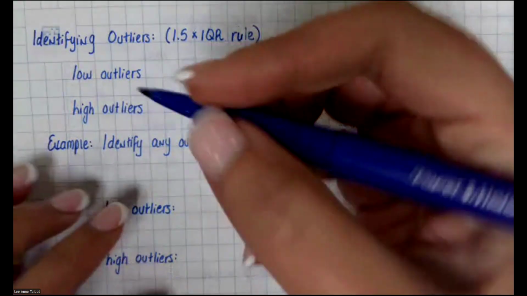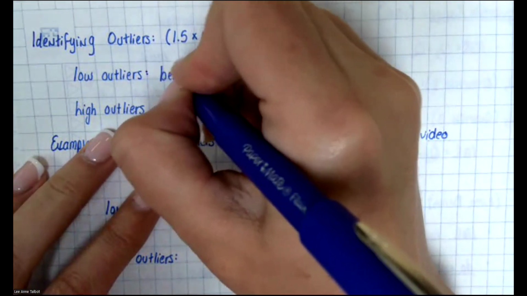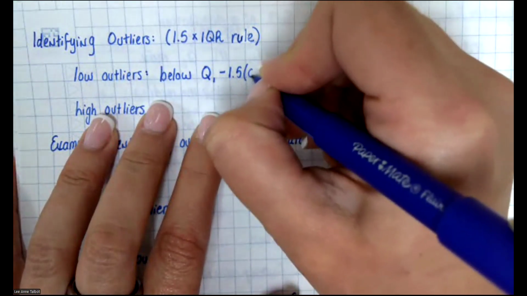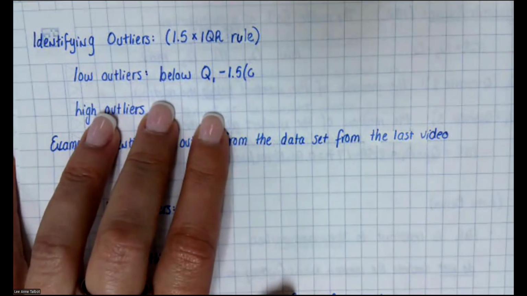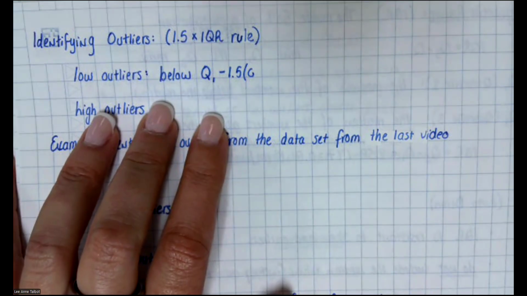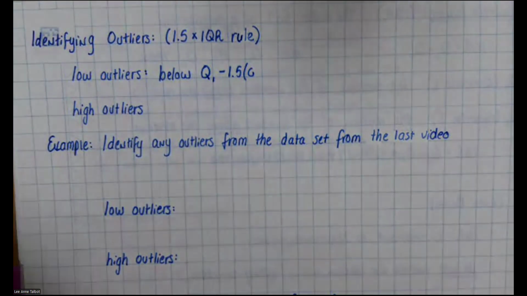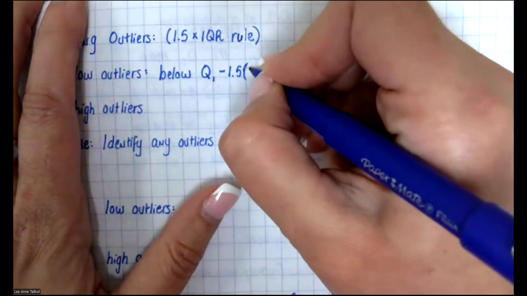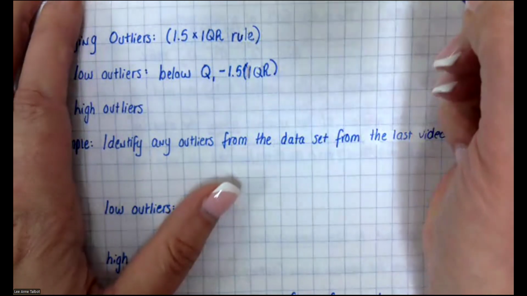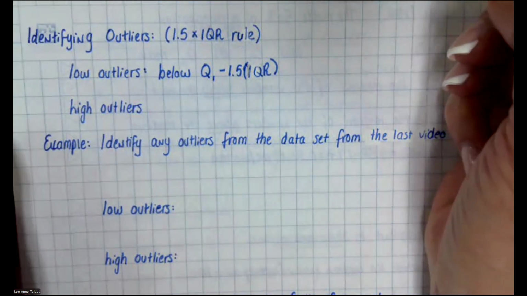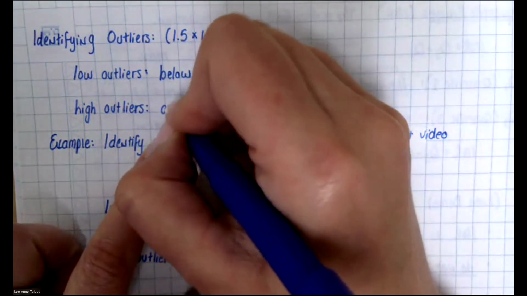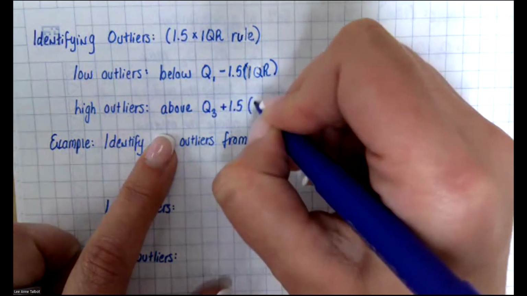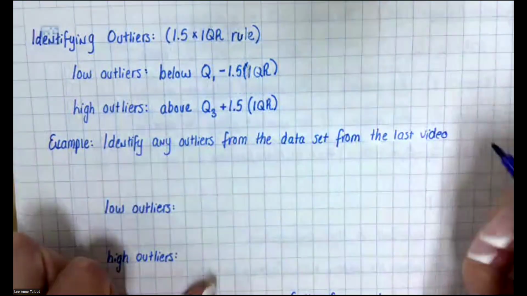All low outliers are below quartile 1 minus 1.5 times IQR. Hold on, I got really excited about writing the Q. And all high outliers are above quartile 3 plus 1.5 times IQR.